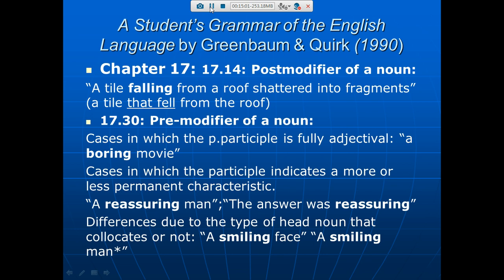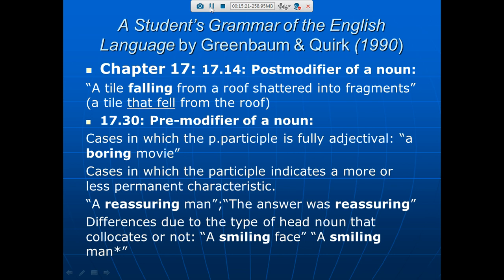What is interesting is to see that the ing form, the non-finite form, is not marked for tense, but that you decide if it's that fell or that will fall or that is falling, depending on the tense in which the main verb is, shattered in this case.